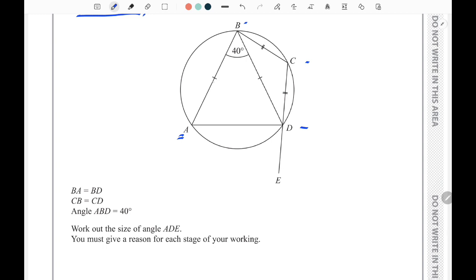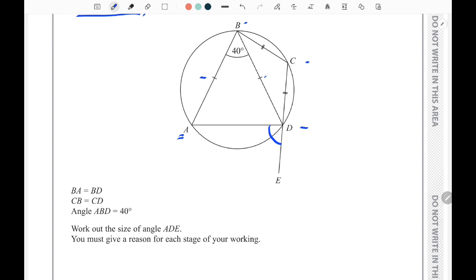Then we have these signs, that thing there and that thing there. It's telling us that BA and BD are equal, and then BC and CD are equal to each other. And we're given one angle at the top there, ABD. So what we need to find is the angle ADE. So we want that angle there, all right?